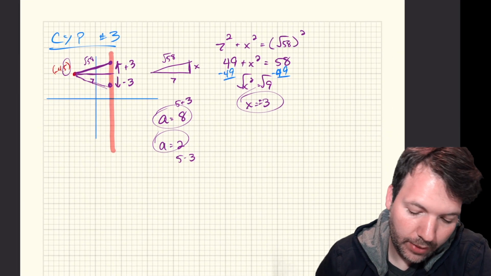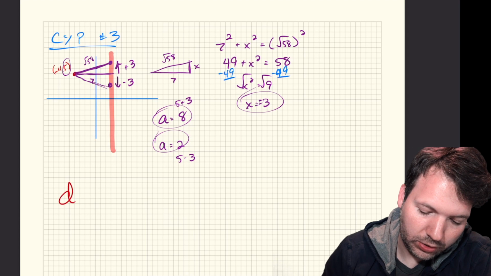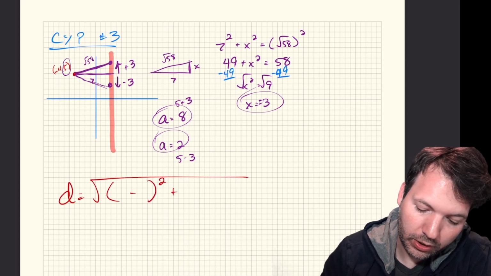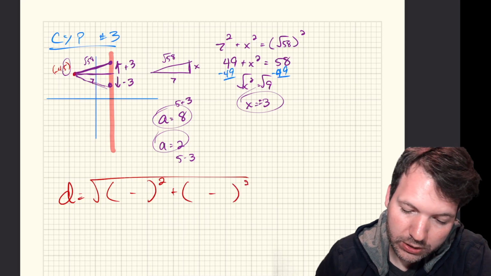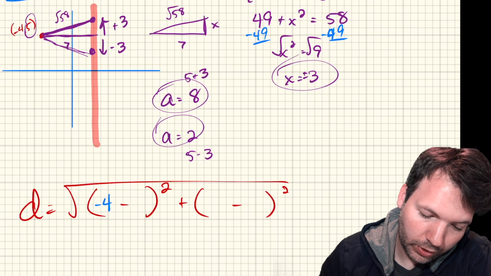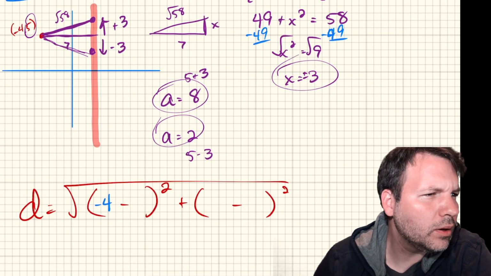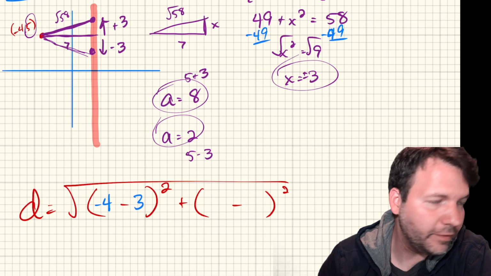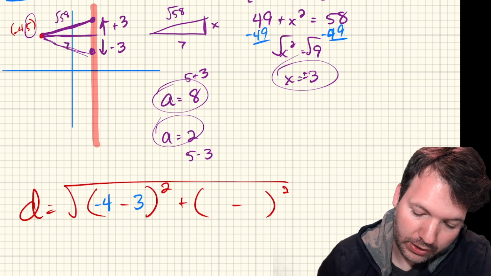If you don't like the geometry, that's no problem. Let's just do the algebra. Square root of something minus something squared plus something minus something squared. Plugging in our points, -4 and what was the other x-coordinate? 3. And our y-coordinates, 5 and a.